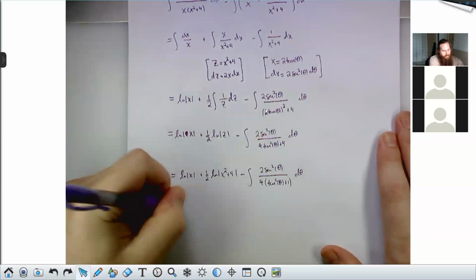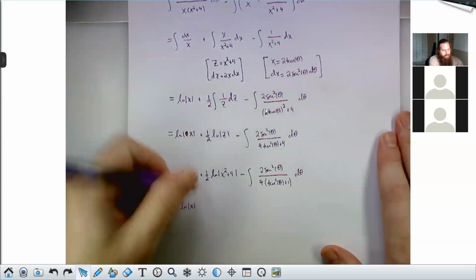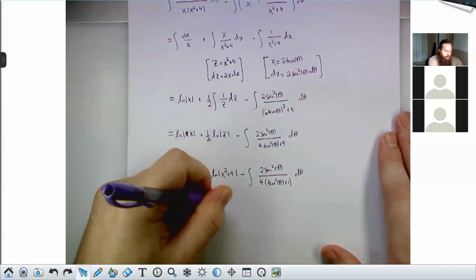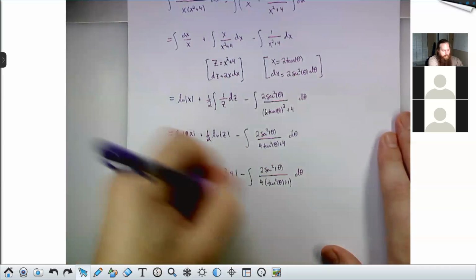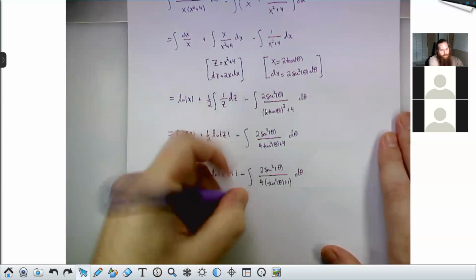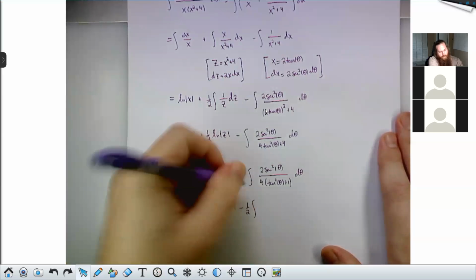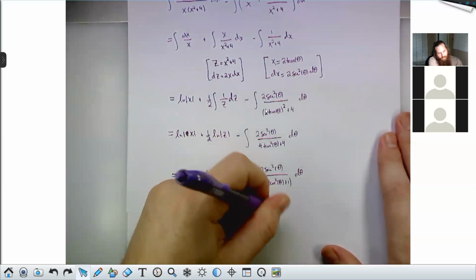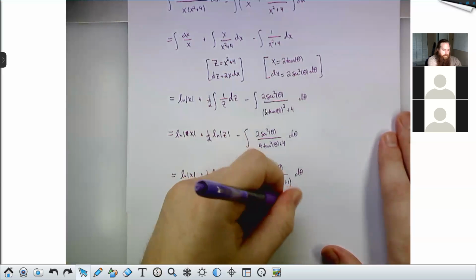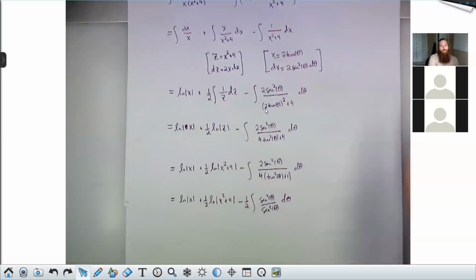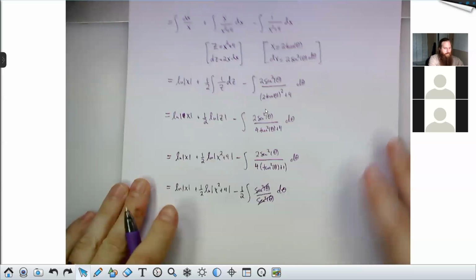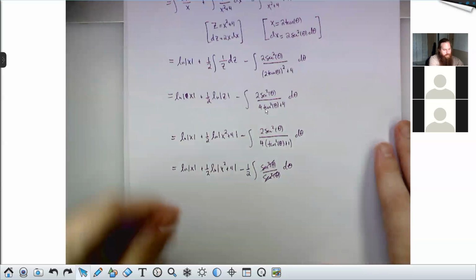So this is log absolute x plus 1/2 log absolute x squared plus 4 minus 2 over 4, which is 1/2. And I get secant squared theta over secant squared theta because tan squared plus 1 is secant squared theta. So those cancel perfectly. And we just have there the integral of 1 d theta.